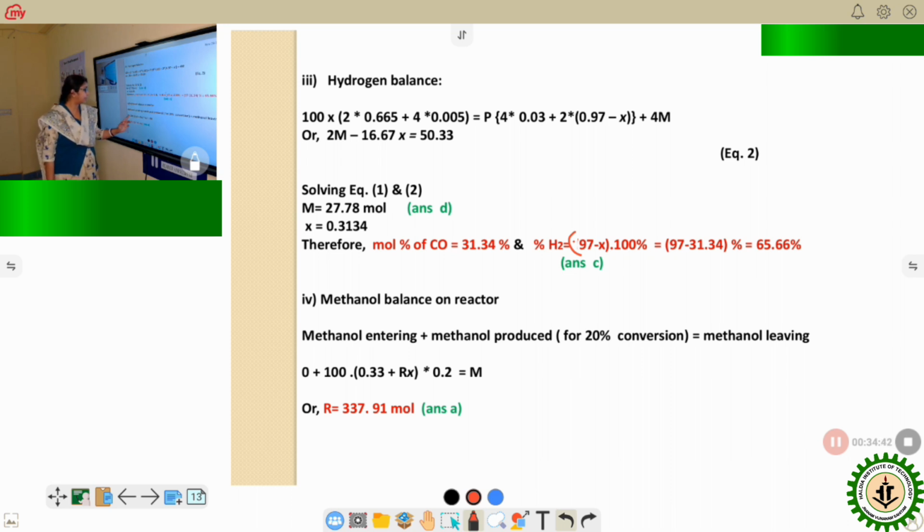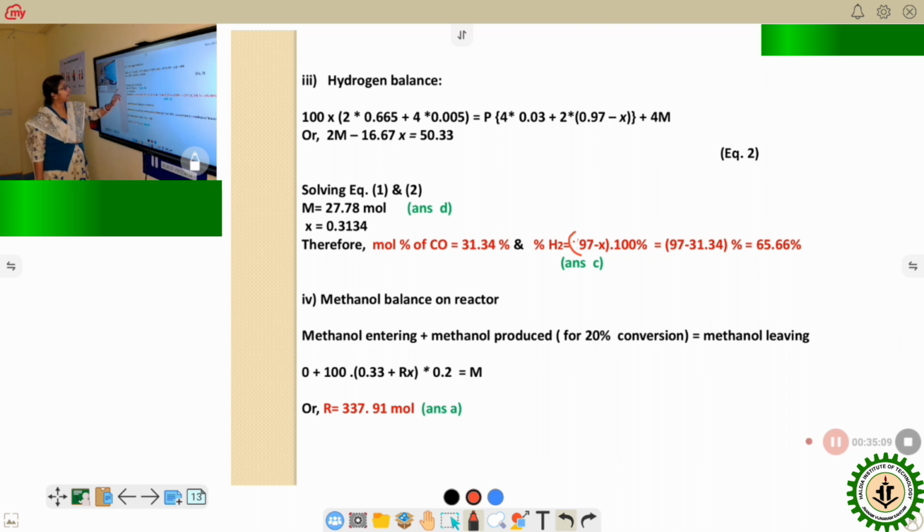So R into X plus 0.33, that total into 100, if it is 100% conversion, then we can write this one. But because it is 20% conversion, that's why we are writing into 0.2. So 100 into in bracket 0.33 plus RX, into 0.2. That's why it is written. And finally, it is giving the total number of moles of methanol, that is N.